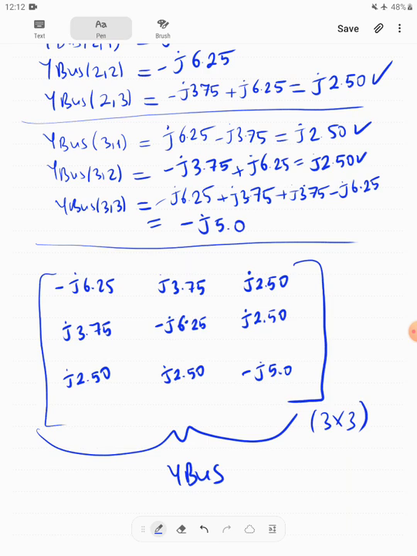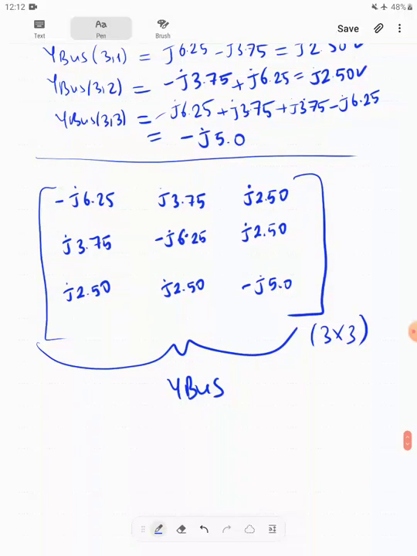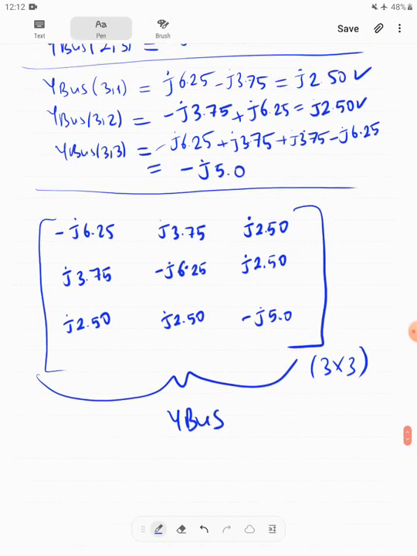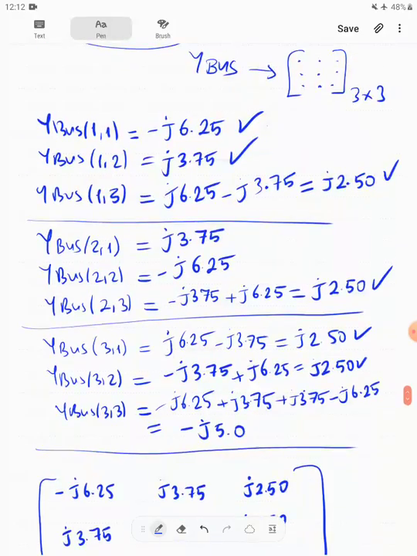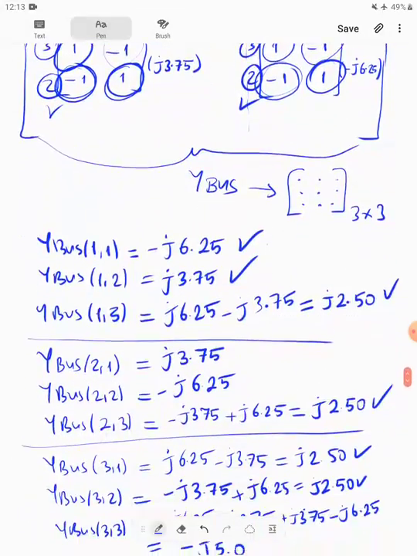As you see, the addition of mutual effect between these transmission lines increases the size of the Ybus, because if mutual effect is ignored, I mean if Ym is simply 0, then the dimension of the Ybus will be 2 by 2, which is just equal to the bus number. So you see how Ym affects constructing Ybus.